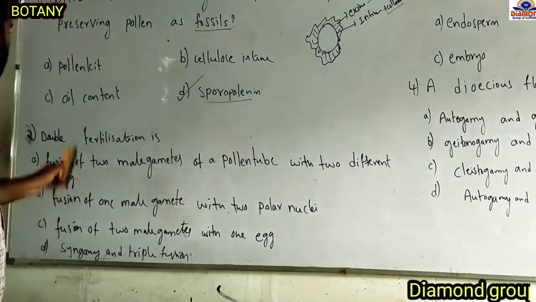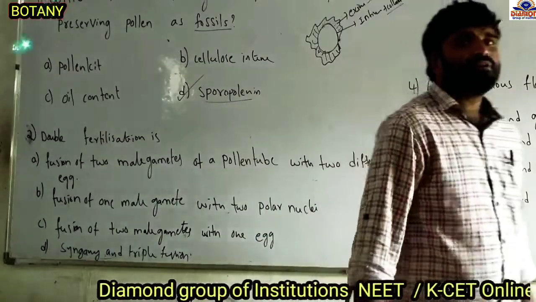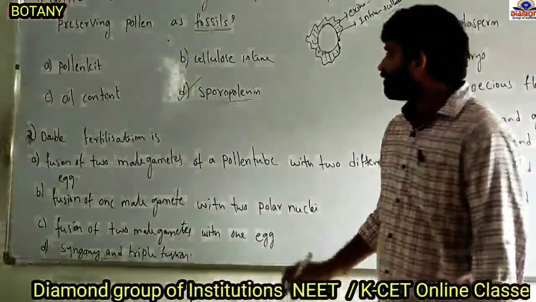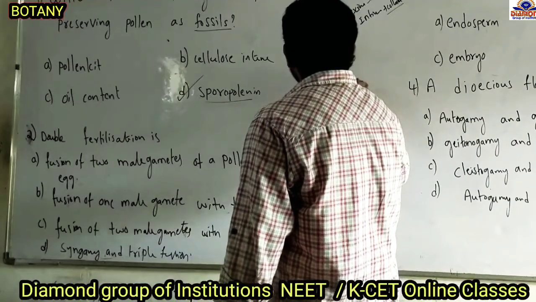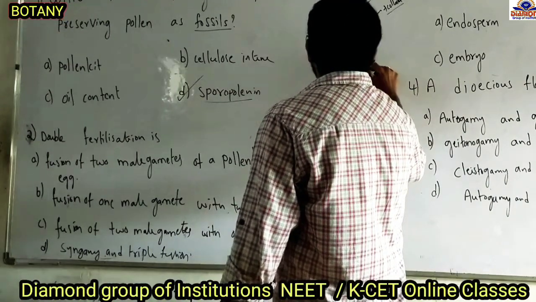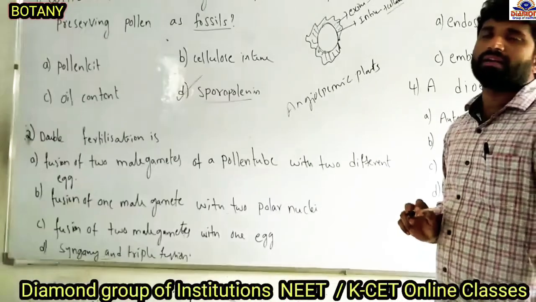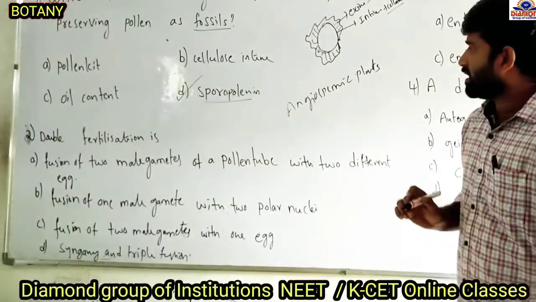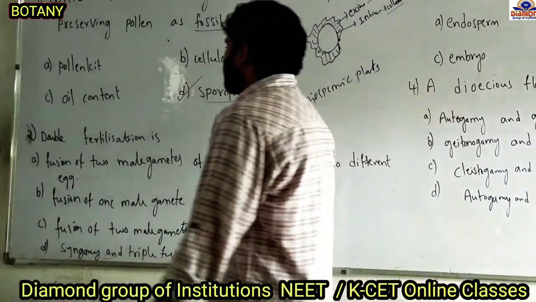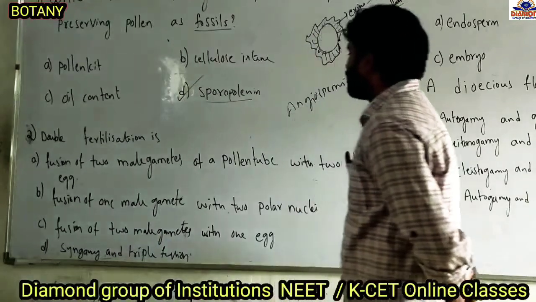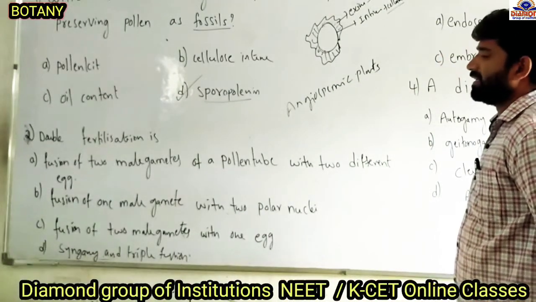The next question: double fertilization is a character of all angiospermic plants. All angiosperms perform double fertilization. Option A: fusion of two male gametes of a pollen tube with two different eggs.